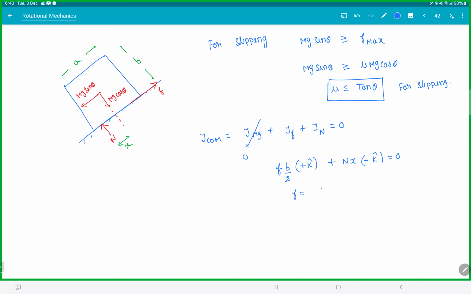So we get F B by 2 equal to Nx. But what is N? N is mg cos theta. It's slipping, right? The F is anyway maximum. So F into B by 2 is equal to Nx. Interestingly, F is nothing but mu N because it slips.